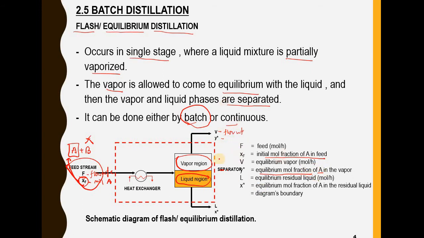Whereas for the bottom product, it is denoted by L as the flow rate, which means component A in liquid, and X star is the equilibrium mole fraction of A in the residual liquid.